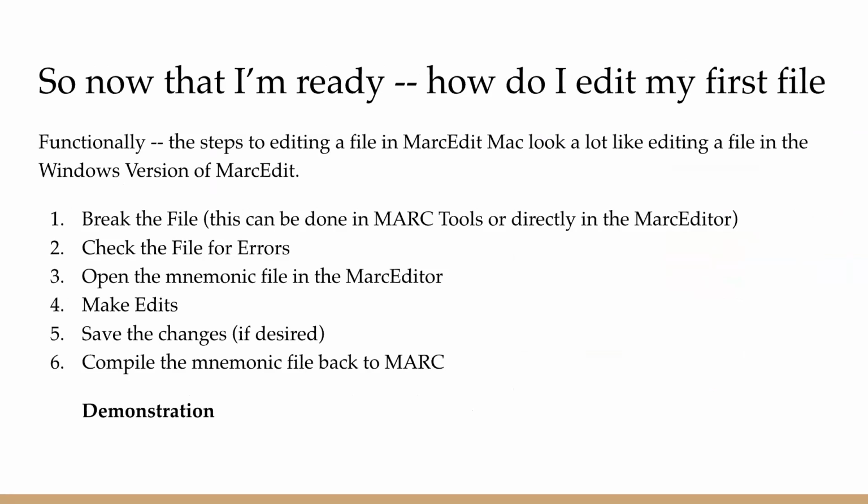You're still going to break a file, and that can be done either by opening the file in the MarcEditor or through the Mac tool or Marc Tools, which I prefer. The program's still going to check the files for errors if you do it through the Marc Tools window. You're still going to open the mnemonic file for editing inside the MarcEditor. You're still going to make your edits, save them if you want to, and compile them back to Marc so that the files are finished. I'm just going to quickly take a file that I have here and run through the process a little bit just to show you kind of what I mean in terms of how you go through the steps.